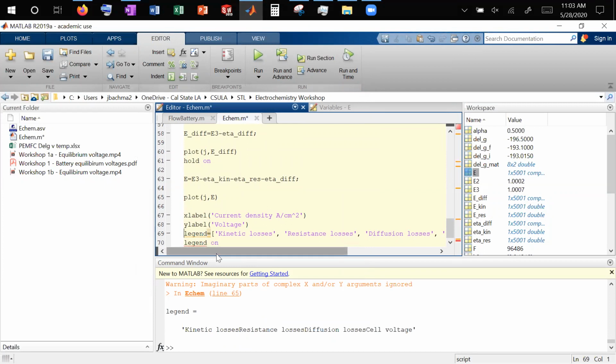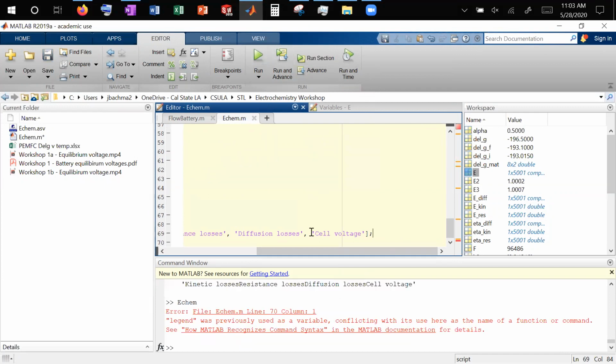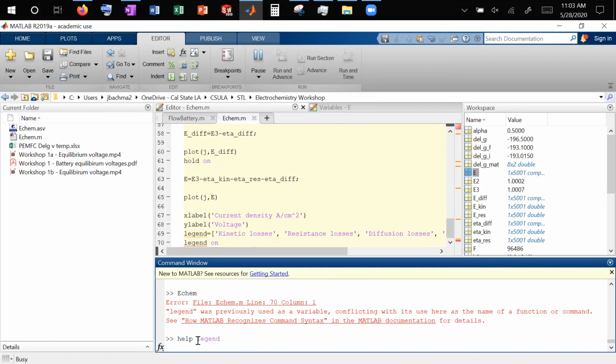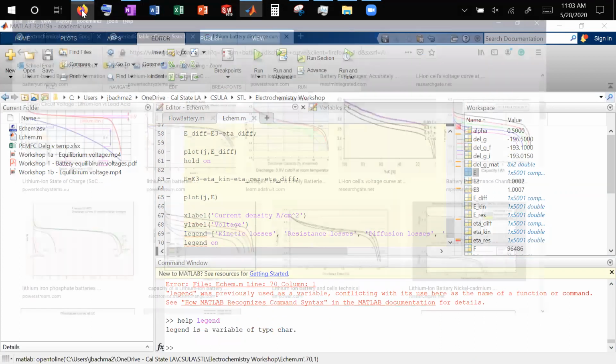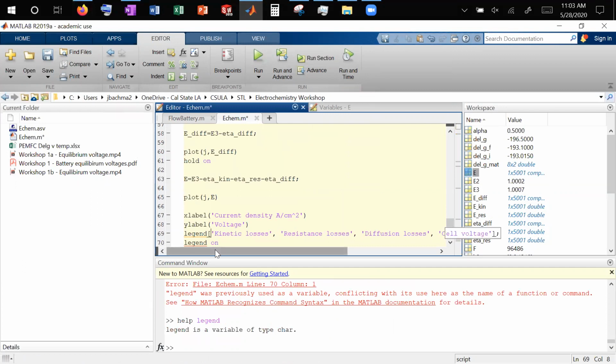Is that the right syntax for this? For legend, you don't need to put equals. You just put a parentheses instead of brackets. Thank you, Jose.